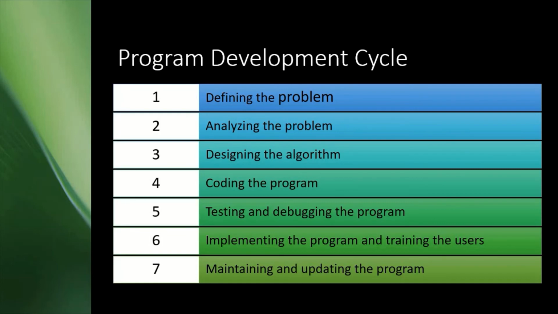So at this step, it checks whether there are any errors present in the program. If the program contains errors, it may not get executed. So it is important to rectify all these errors present in the program. So during testing, all these errors are detected and rectified, and the program is made error-free.